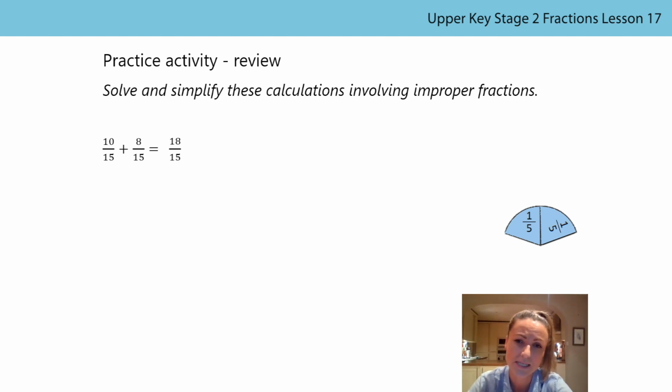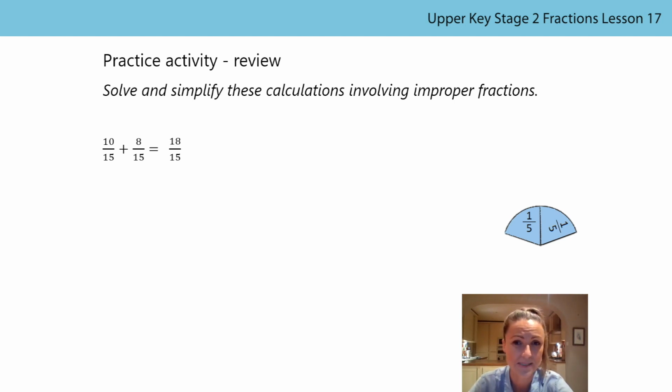And what do we notice about this fraction? I hope, like me, you have spotted that it's an improper fraction. How do we know that it's an improper fraction? Well, we know because the numerator has a greater value than the denominator. At this stage, I need to simplify this improper fraction by identifying the highest common factor of 18 and 15.